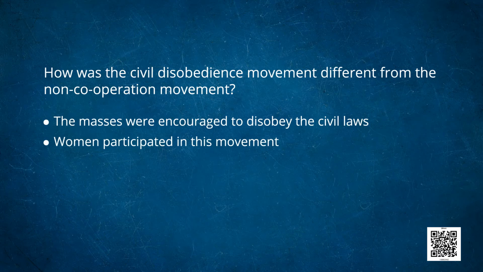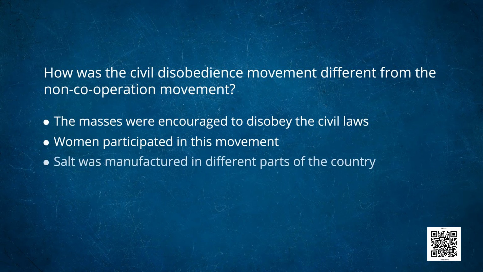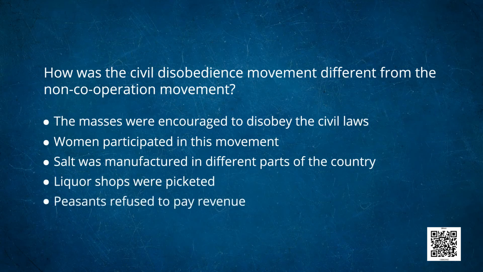Another difference was that women participated in this movement in large numbers. As the movement spread, salt was manufactured in many parts of the country, liquor shops were picketed, peasants refused to pay revenue, they violated forest laws.